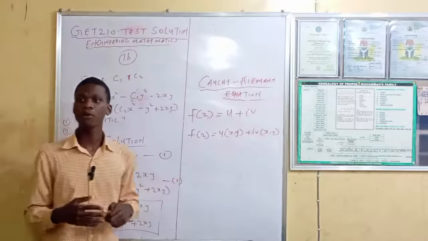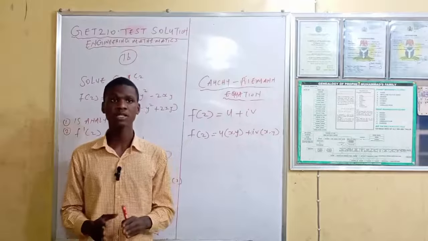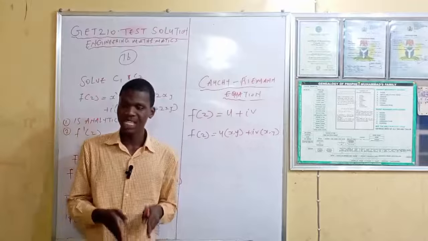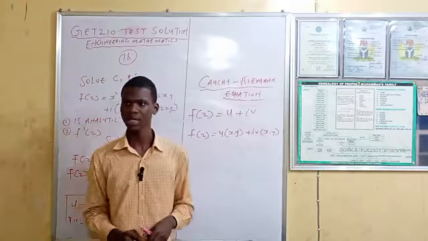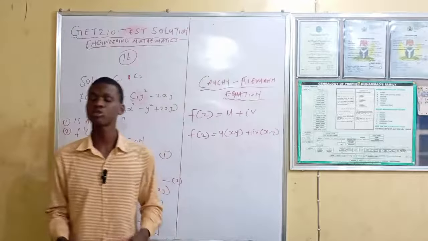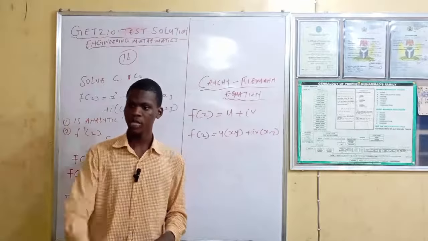Then, in the Cauchy-Riemann equations, what you are going to do is check if the given function is analytic or not. To check, there are conditions you need to take into consideration. What are the conditions?